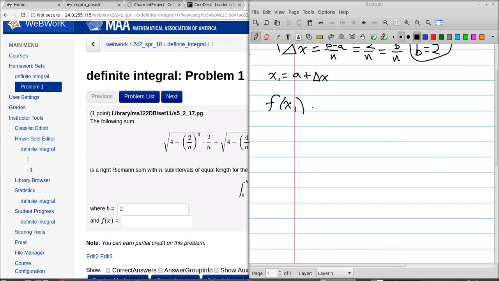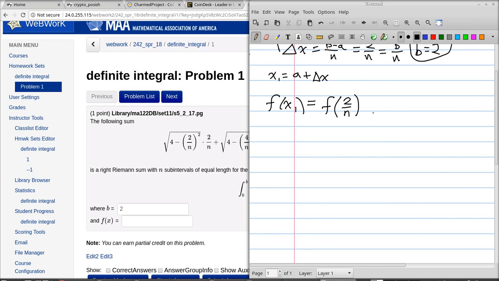So we know what x1 is because b is equal to 2, and we know what delta x is and what a is. So this is just saying that we're looking at f of 0 plus 2 over n, which is f of 2 over n. And now let's try to make sense of f of 2 over n in terms of just this first thing in the list.